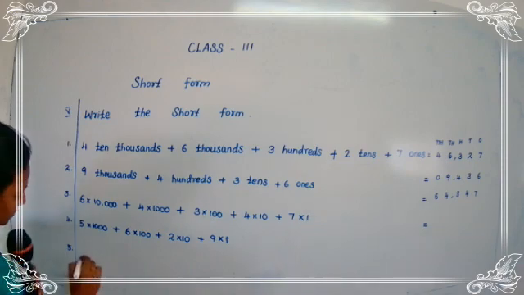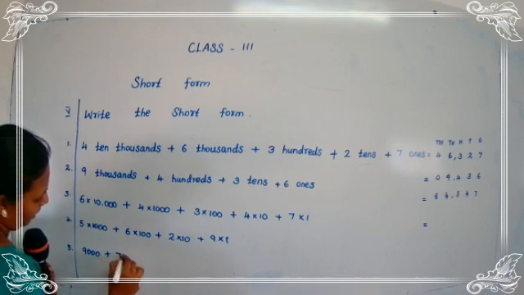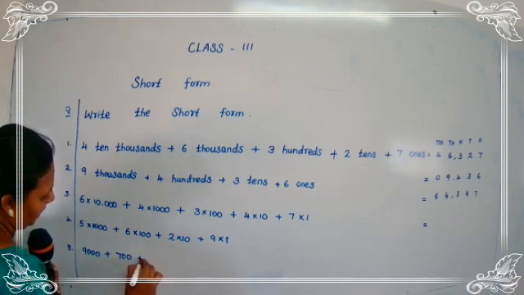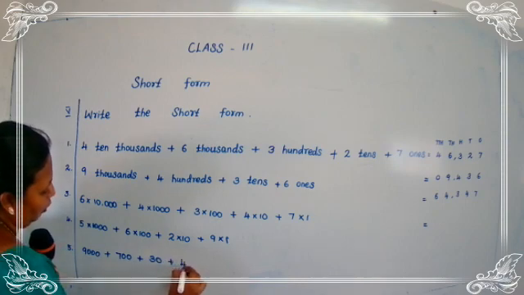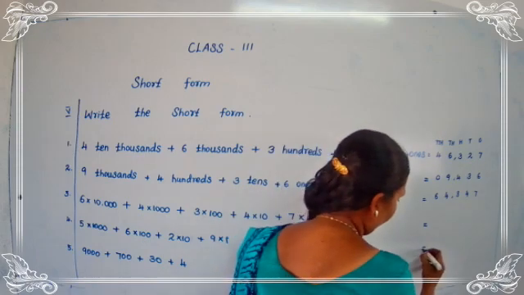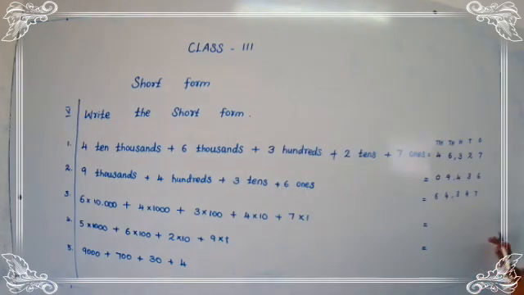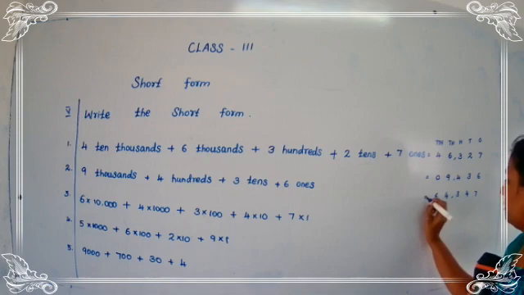Then another one: 9,000 plus 700 plus 30 plus 4. This is a whole number. Now we have to write here. See the fourth one question.